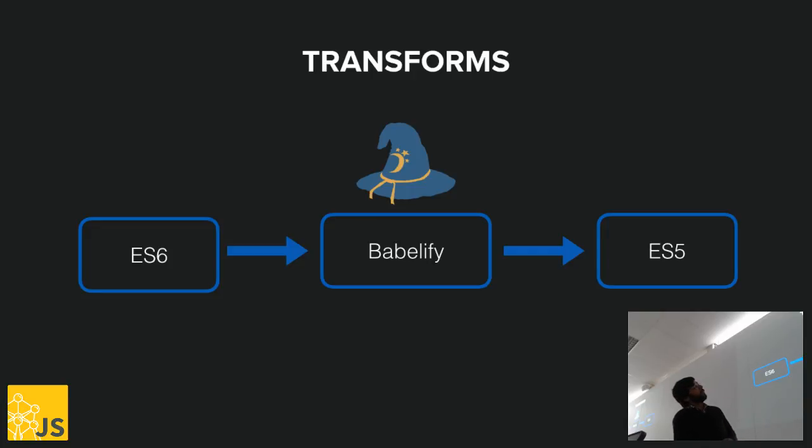What it does is it converts ES6 code into ES5 code. So you can write your ES6 code, run Browserify with the Babelify option, and have your ES5 ready, and you can ship it to any browser you want. You can find a list of all of the Browserify transforms on this link.